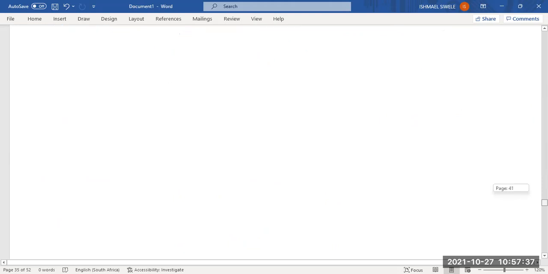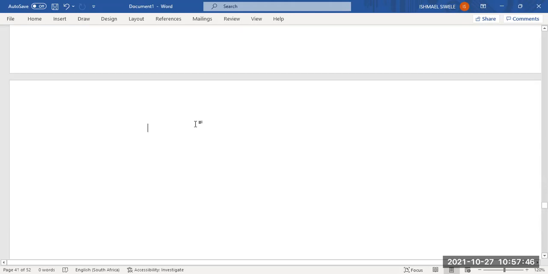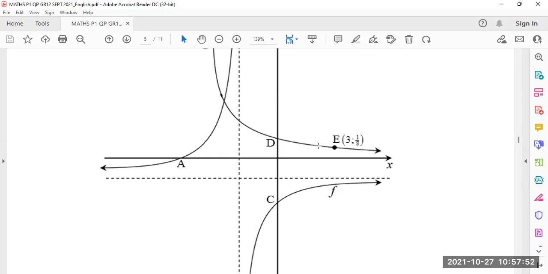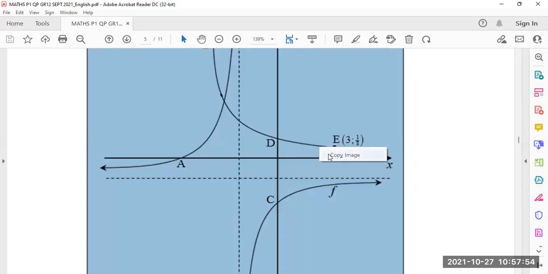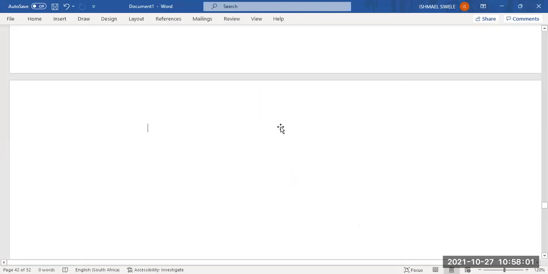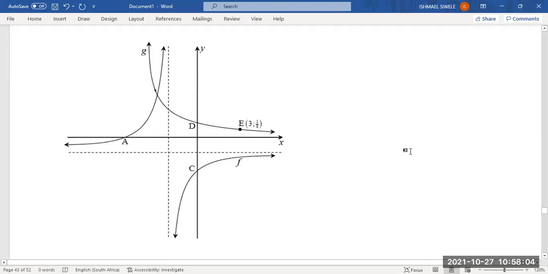Okay, let's see. Let me retrieve the graph once again. Okay, so here we are. I've retrieved the graph.